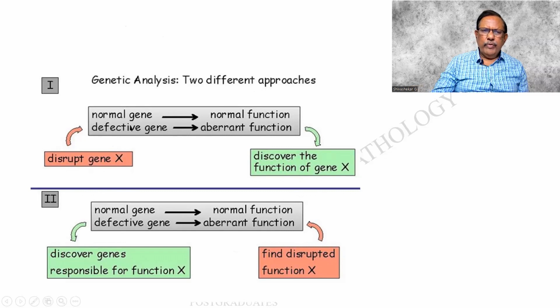And finally, you find that the defective gene is being disrupted. So this is one form of, say, a gene therapy or kind of correction. In another one, you find that the aberrant function is first identified and the gene for it is identified further, and they are again made functionless. This is another one. There are two analyses.